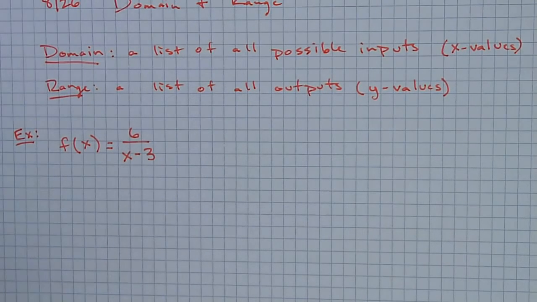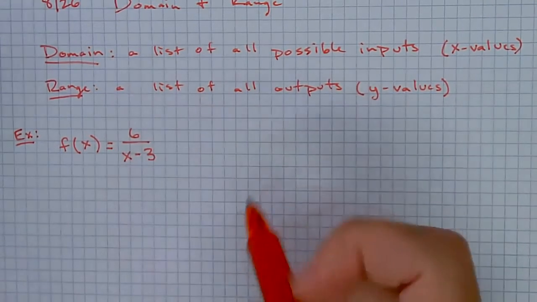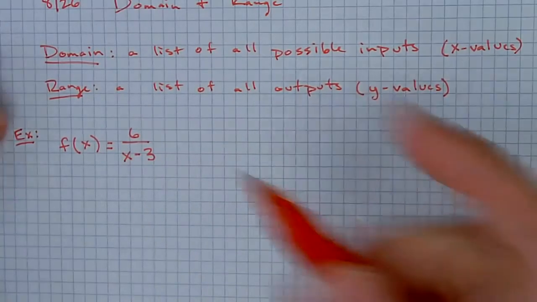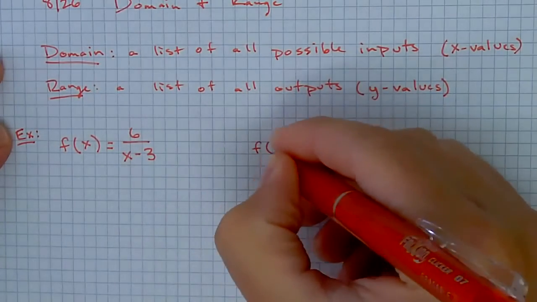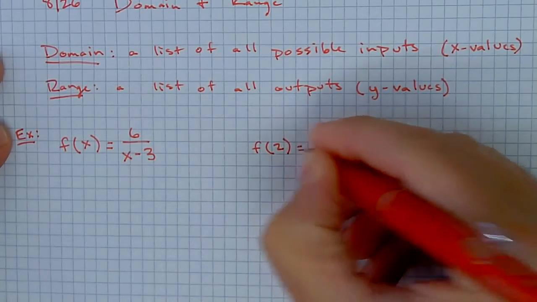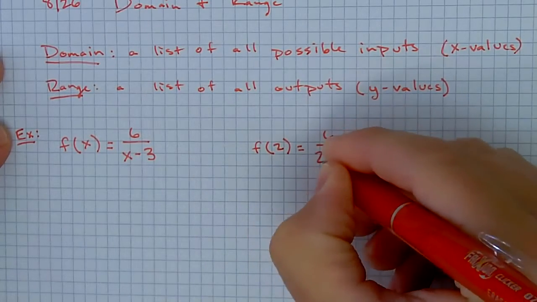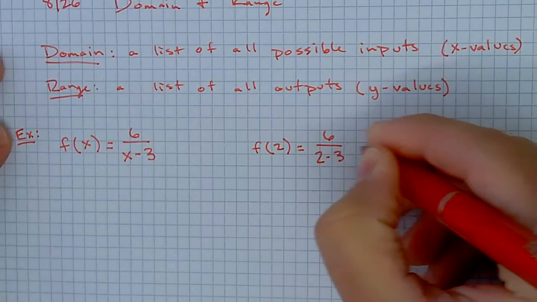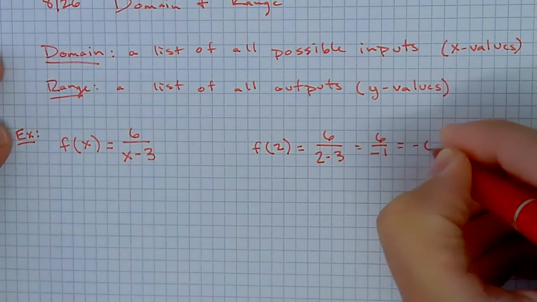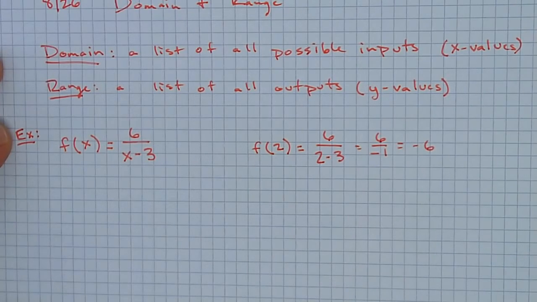Okay, so we start thinking about what are values that we can plug in for x. So for example, I could plug in the number 2 as an input. I get 6 divided by 2 minus 3, which is 6 over -1, which is -6. Okay, I get an output.